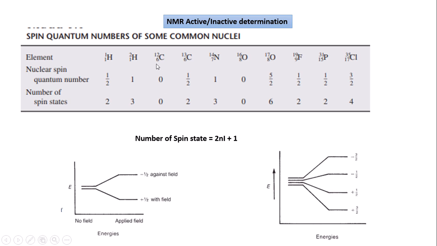When the combination of 6 and 12, that is an even-even combination, leads to no I value, we get only one state. So an excited state is not created, and hence the I equals 0 nucleus is NMR inactive, for those nuclei which have an even combination of mass number and atomic number. So the I value is 0, and hence this becomes NMR inactive.